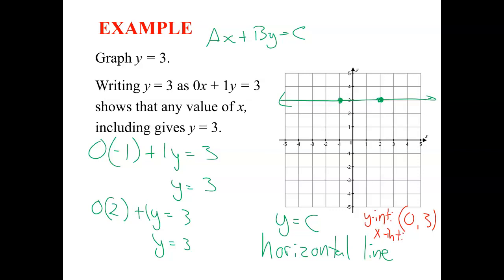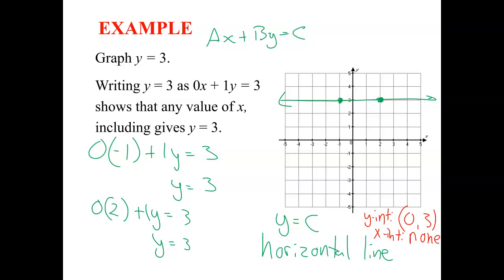It does not exist. It's undefined. Because it's a horizontal line, it's parallel to the x-axis. It will never intersect the x-axis. So y equals a constant will be a horizontal line with a y-intercept located at whatever your constant is, and it's not going to have an x-intercept.